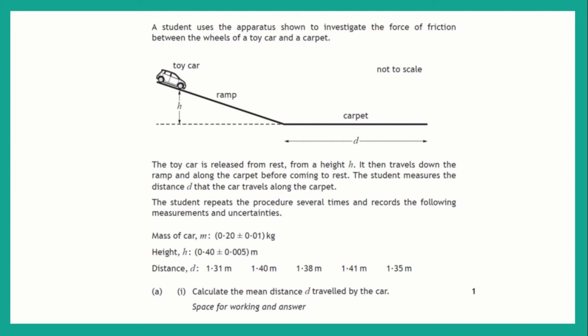We're only concerned about the distance. You can see there's 5 stopping distances there: 1.31, 1.40, 1.38, 1.41 and 1.35. And the first question asks us to calculate the mean distance D travelled by the car. I'm going to give you a minute to pause the video and have a go.